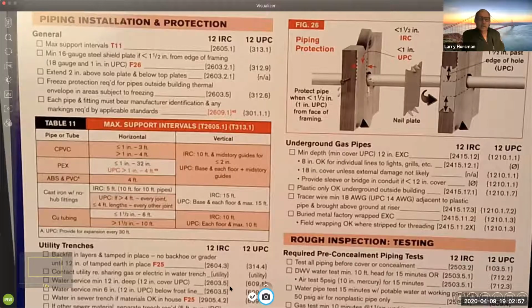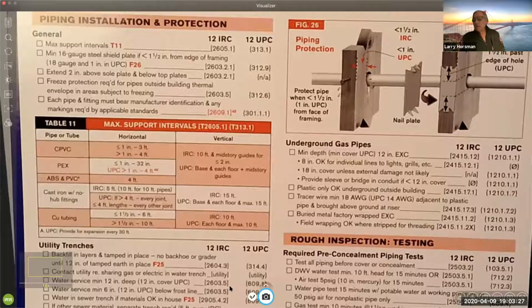And I haven't seen any cast iron with hub fittings on anything recent, so I'm not even sure they're making it anymore. And then copper tubing depends on the size of the pipe. Less than or equal to 1.5 inches, you need to support copper tubing 6 feet on center. If it's larger than 1.5 inches, then you can go up to 10-foot support, which makes some sense.